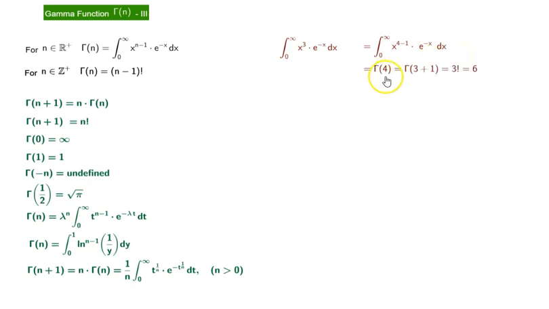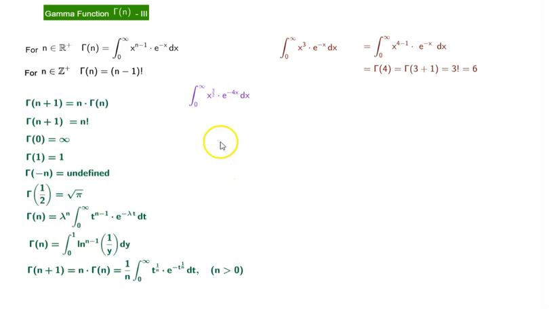So which means gamma of 4, or we could have directly gone to gamma of n plus 1 should be equal to 3. So gamma of 4 is equal to gamma of 3 plus 1, which is equal to 3 factorial, which is equal to 6. So look at these identities and understand this.